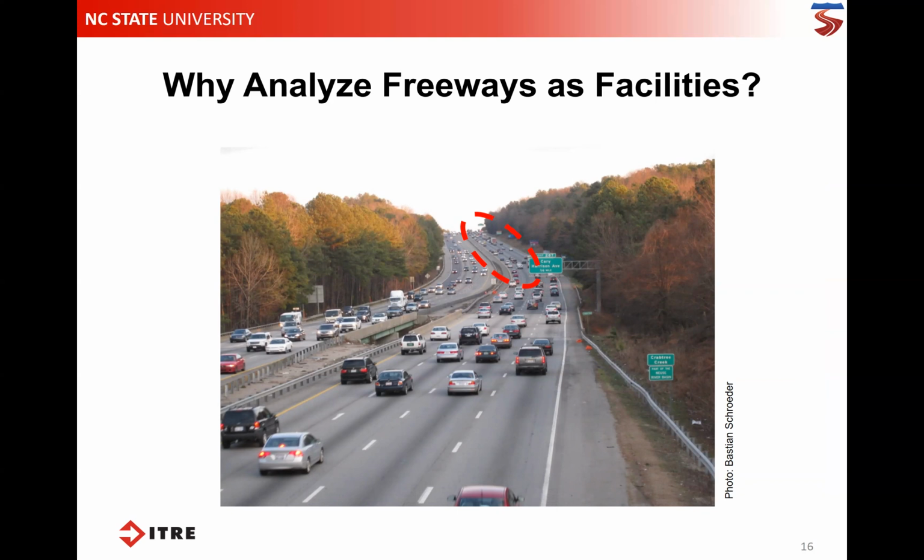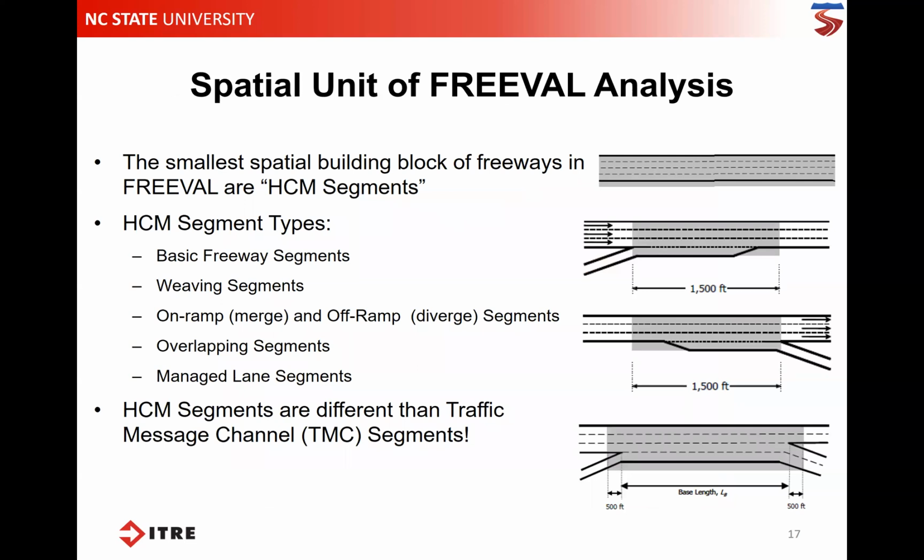So whether it's a grade, a bottleneck, or weather, any of these things is going to impact multiple segments, and therefore it doesn't make sense to analyze an individual segment out of relationship with neighboring segments as well.